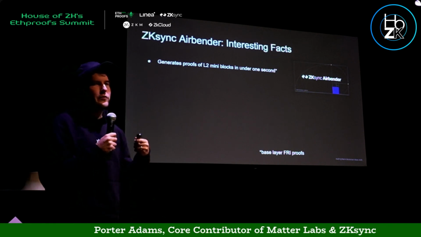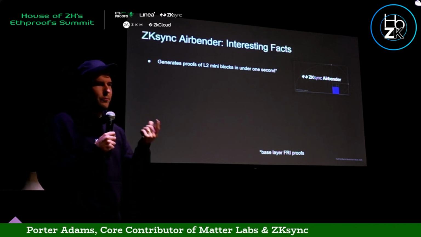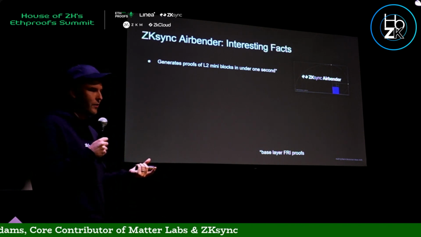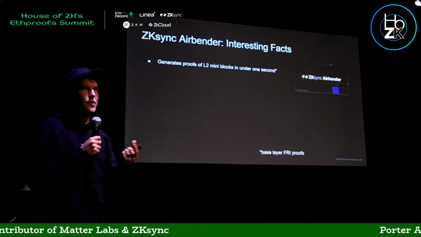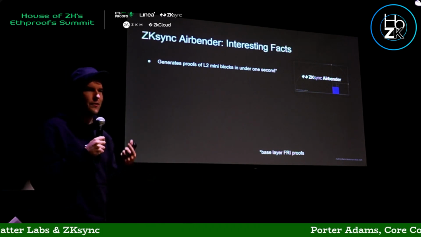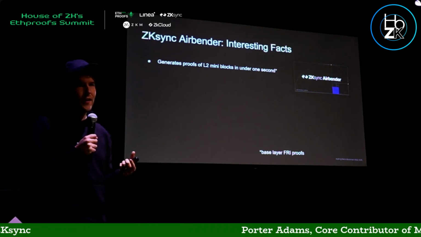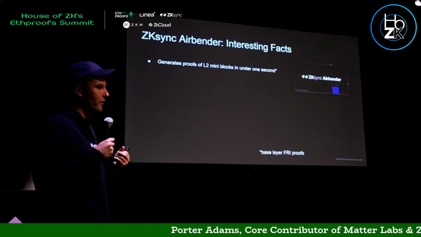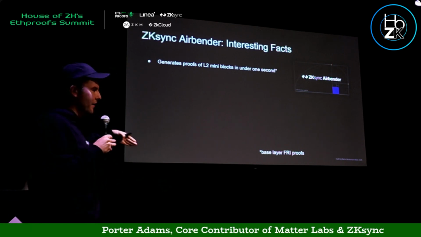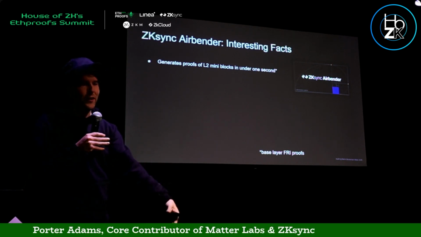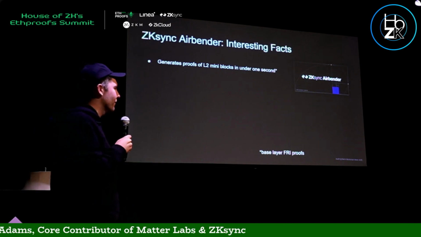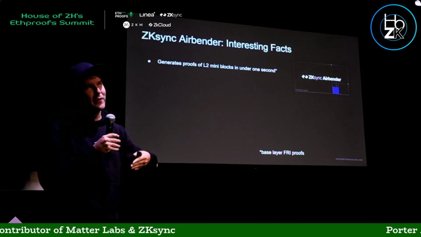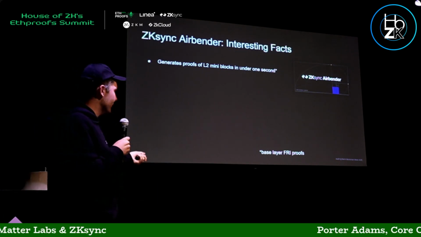But that Fry proof can be good enough to prove that 1 second's worth of transactions. And you can start using that for either pre-confirmations or interoperability. So even without aggregating a bunch of these things together into one final snarked Ethereum proof, one snarked proof that gets posted to Ethereum, you can still do a lot of this.